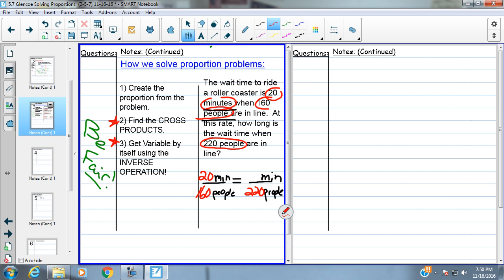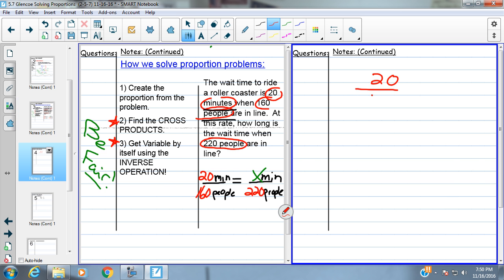What do you think we place on the numerator, where we do not have a number? That's the variable, the unknown part of the problem. So we have to use a variable. I'm going to shift over to the right side here and do some math with just our numbers so it looks a little more normal for you.